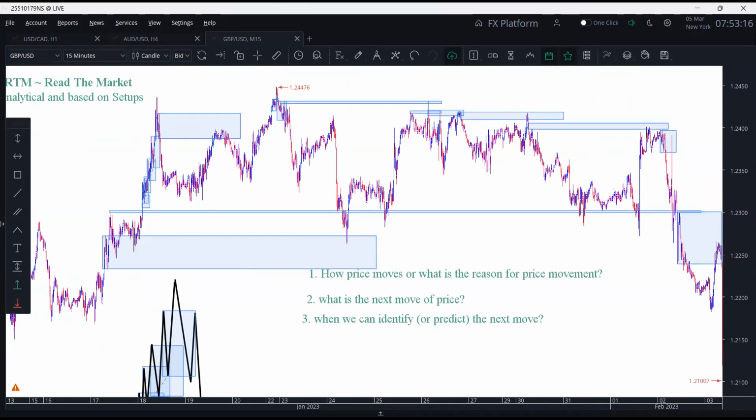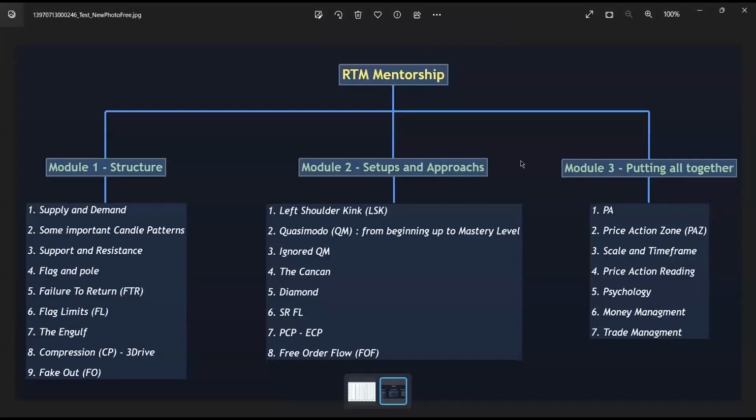But first I just want to show you the topics in RTM. After that, I'm going to tell you something about backtesting and training and these sorts of things.